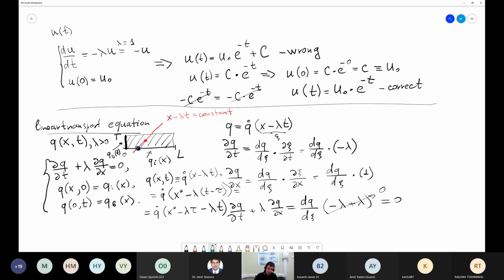If you want to calculate the value here, then our characteristic curve will go out of our simulation domain, but we will have the intersection with the boundary condition.